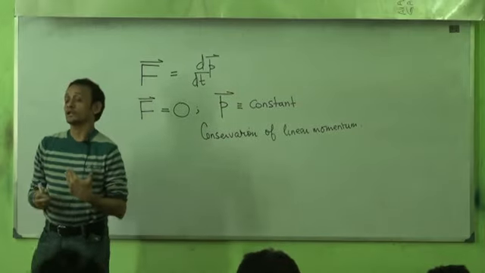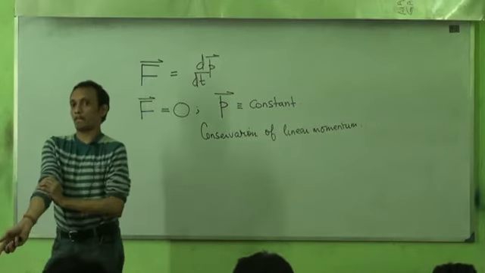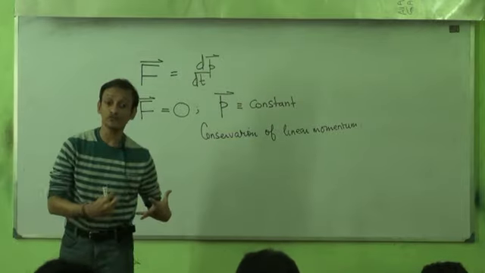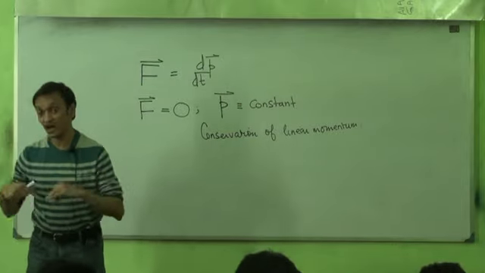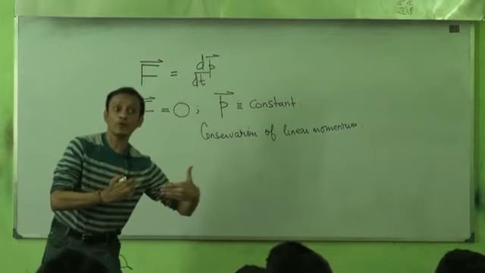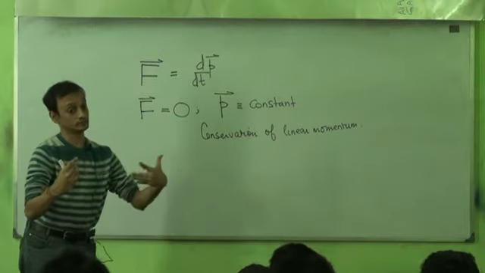Now, it's possible that the net of all external forces is not 0, but its component in a certain direction could be 0.